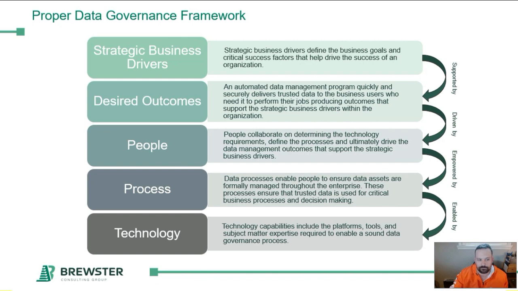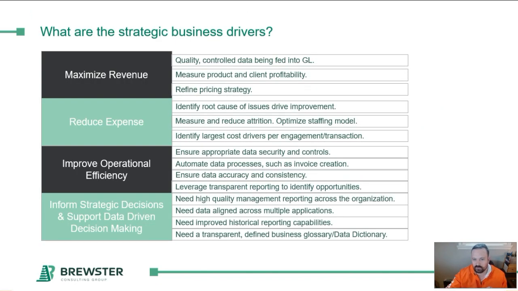So from there, we're going to jump to strategic business drivers, right? And this is pretty generic strategic business drivers, but in general, if you're starting at the top, most organizations want to maximize revenue, reduce expense, improve operational efficiency, inform strategic decisions, and support data-driven decision making, right?